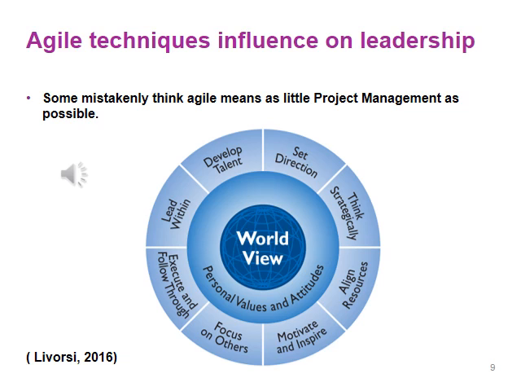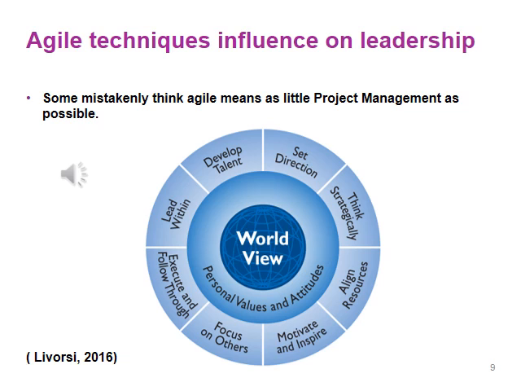In regards to leadership, some may mistakenly think Agile means as little project management as possible. However, only the opposite is actually true. It's easy to manage a traditional project which has an established timeline of phases, one to be completed after the other to completion.